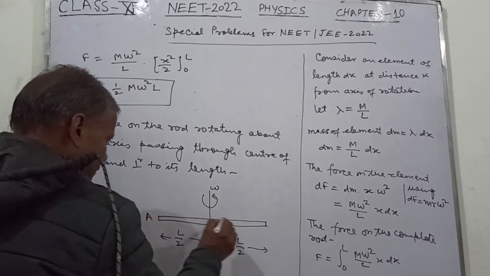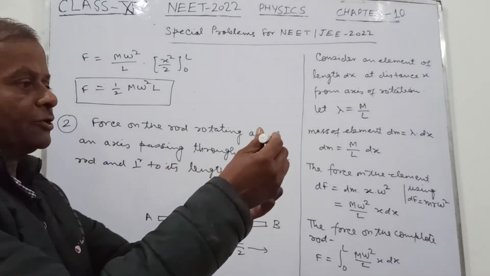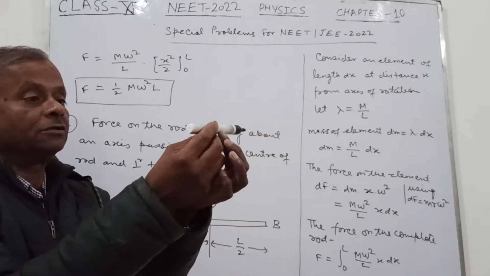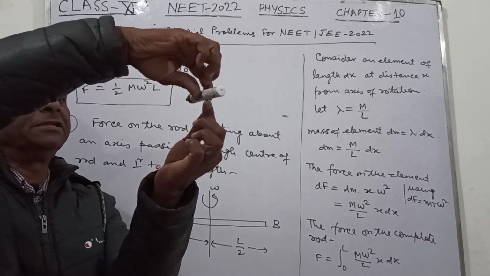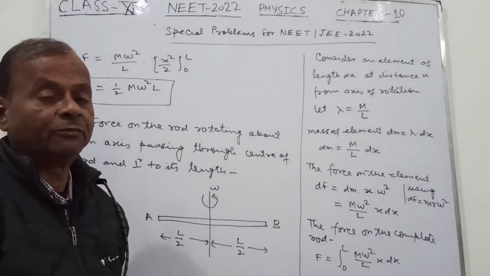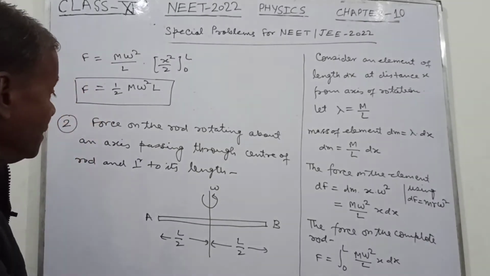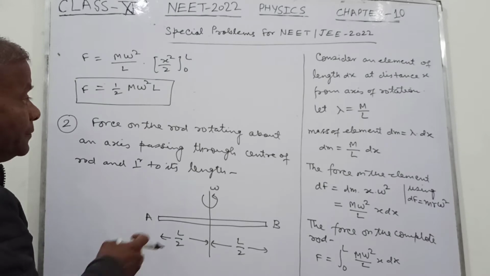This is rod AB, rotating about this axis in this way. Then you have to find how much force will act on it. So we will find it in the similar way as given earlier.